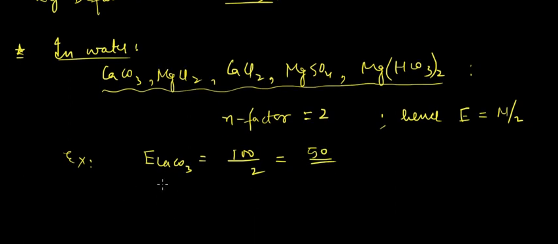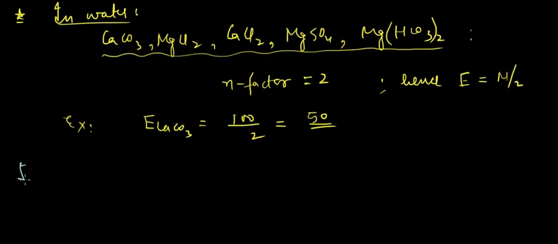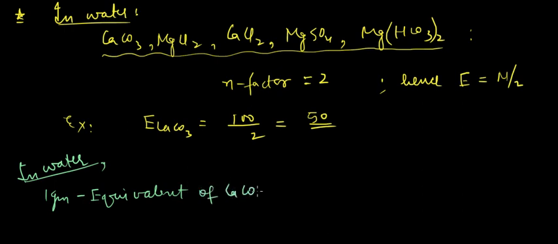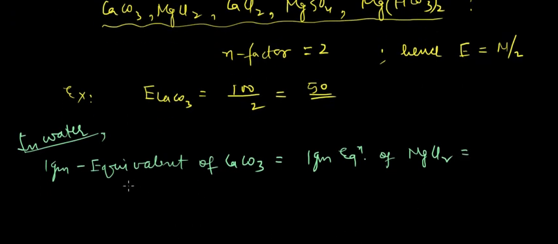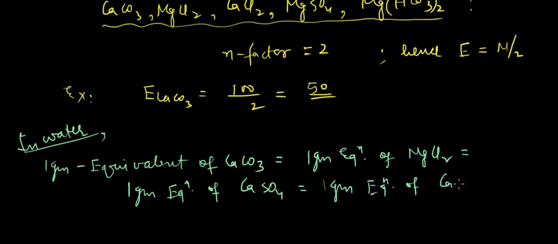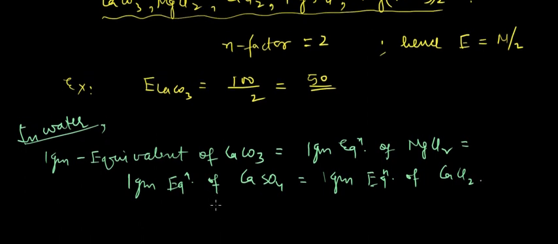In water, please remember the format: 1 gram equivalent of CaCO3 equals 1 gram equivalent of MgCl2, which equals 1 gram equivalent of CaSO4, which equals 1 gram equivalent of CaCl2.